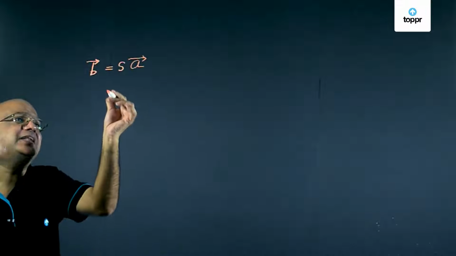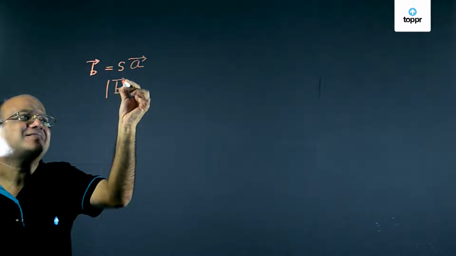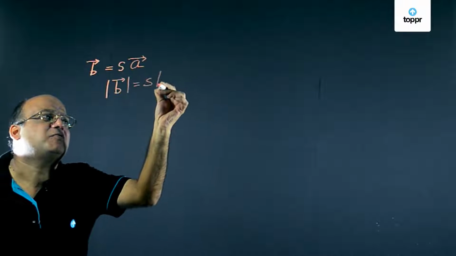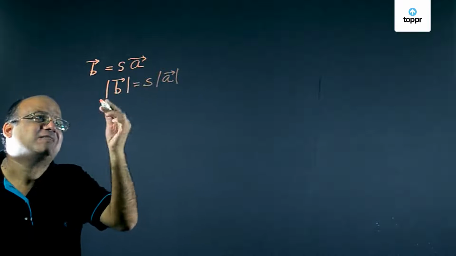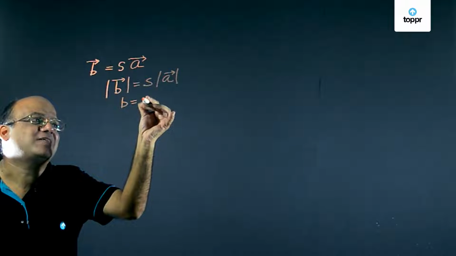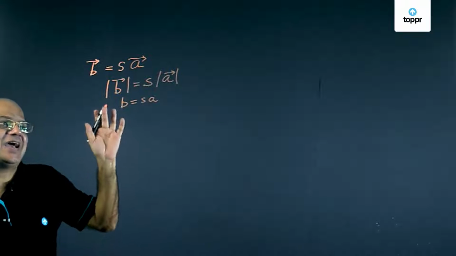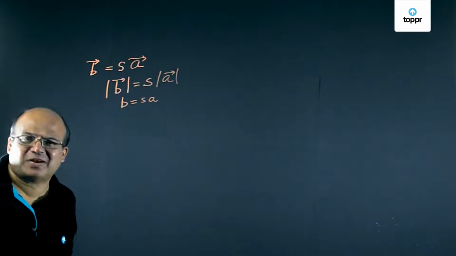And magnitude of this B vector will be same as S times magnitude of A vector. So we can write B is equal to SA. We understand that S is a scalar and A and B are vectors. But this is a better way of writing.